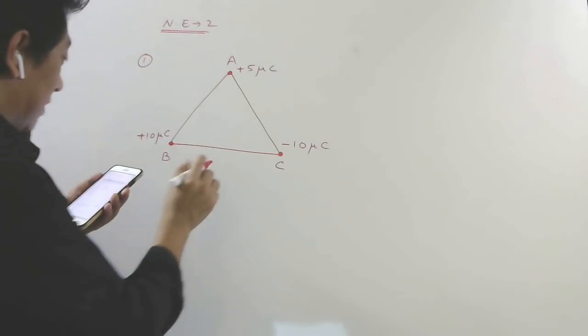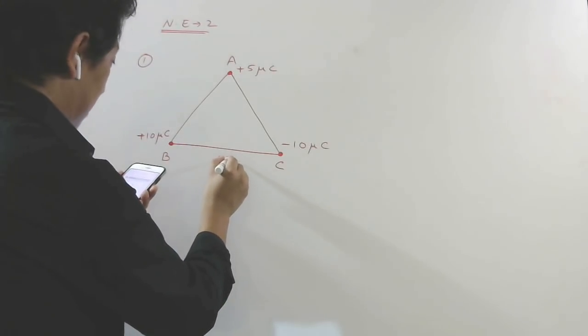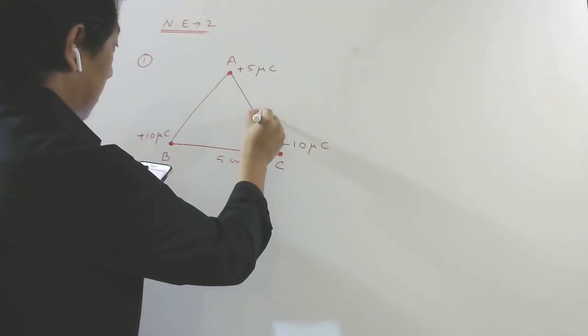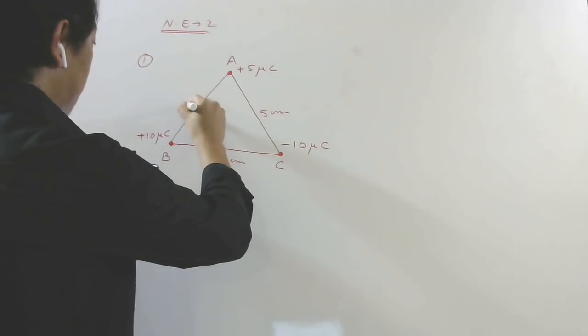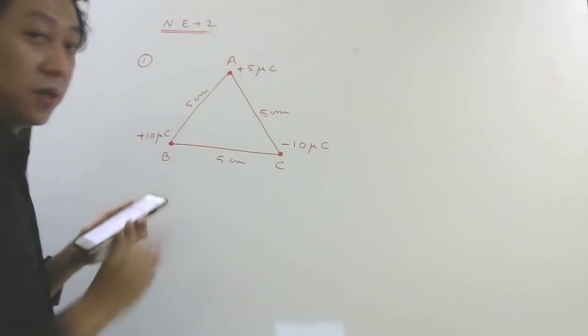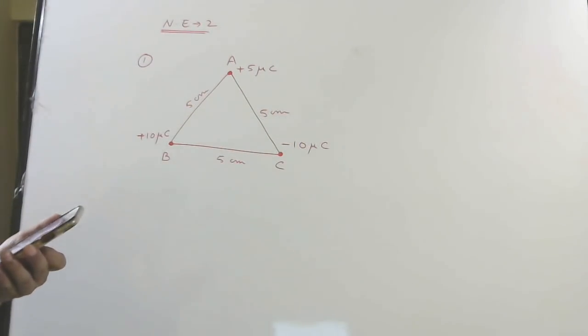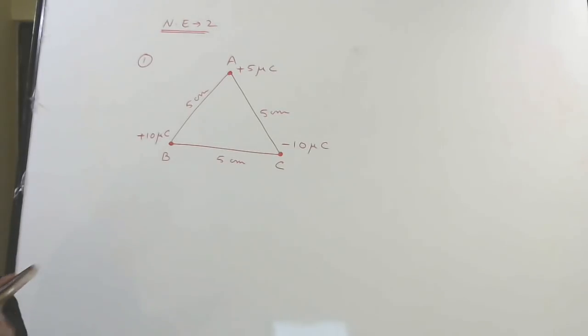Each side has a length of 5 centimeter. So 5 centimeter. Okay. So you have to convert into meter, and then they are asking determine the net force on 5 microcoulomb at A.